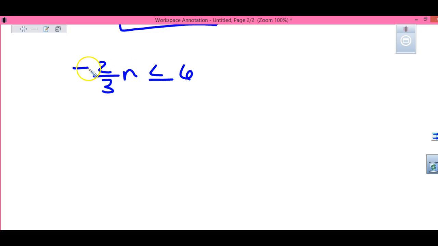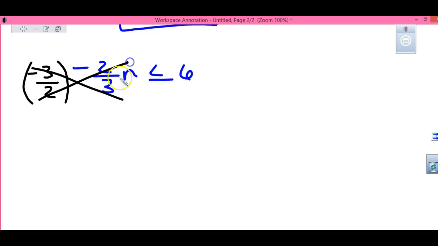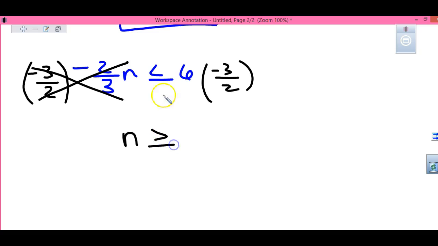No, I didn't copy the problem right. This should be a 2. Can we cross cancel? Yes. So we've got -3 as our answer.